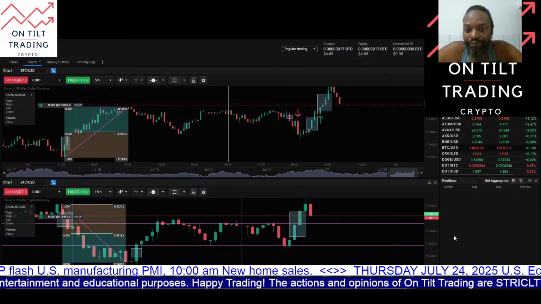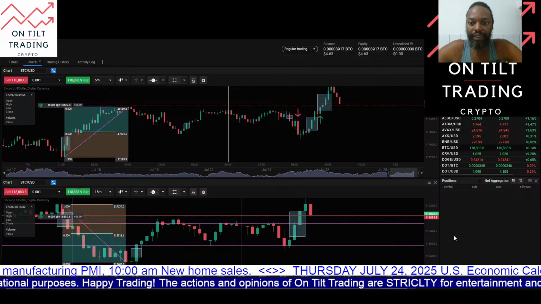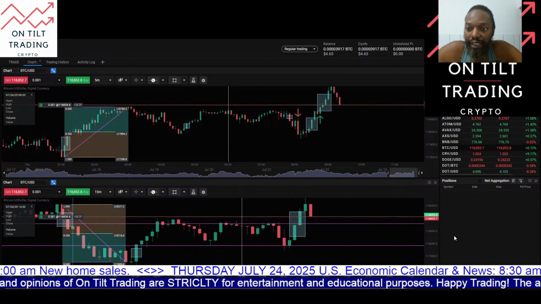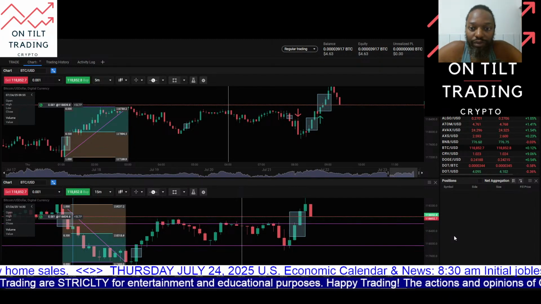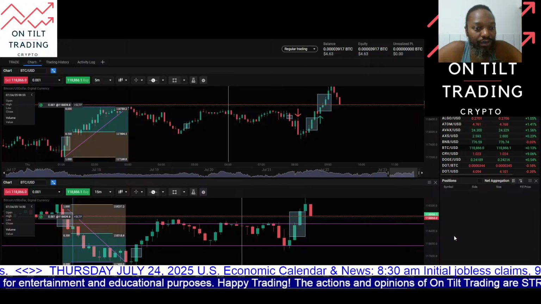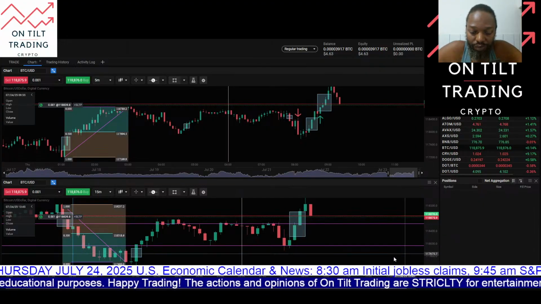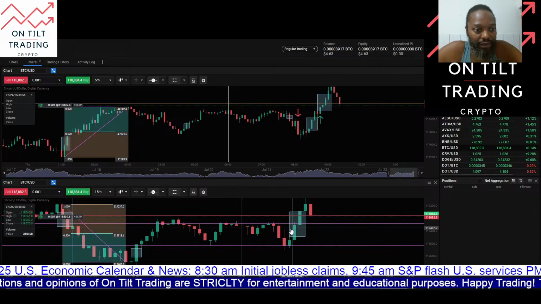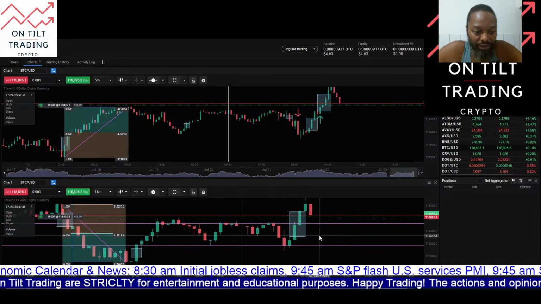So this trade, if I'm able to get an entry and take profit, would be a 3-to-1 or just a little over a 3-to-1. I think like a 3.2-to-1.